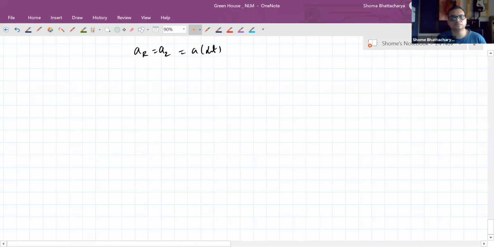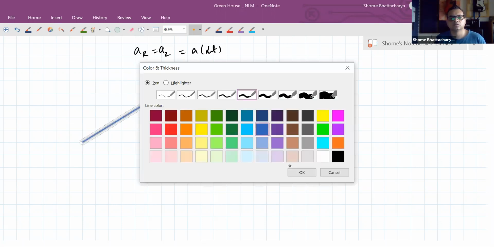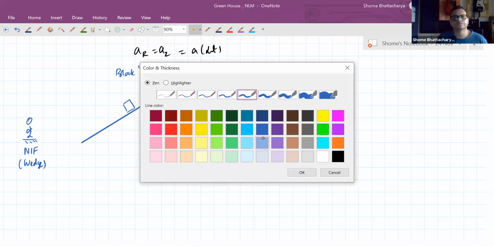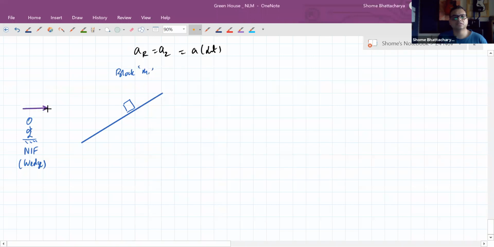So now, as far as the block is concerned, the block M1, we are looking at its free body diagram in the non-inertial frame of the wedge. Okay. So that frame itself is traveling along the positive x direction with an acceleration A2, which we have taken as A.